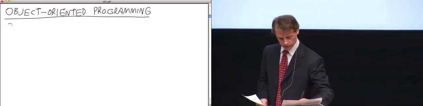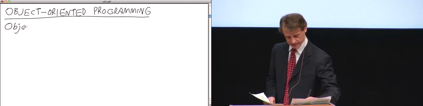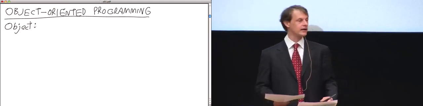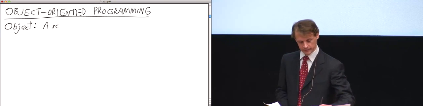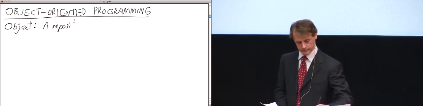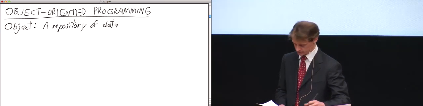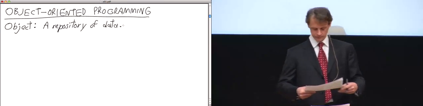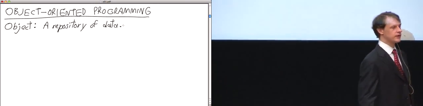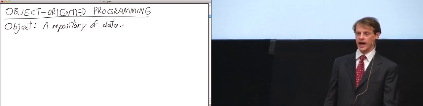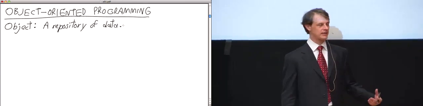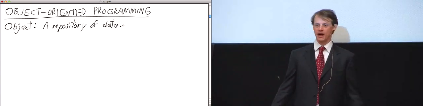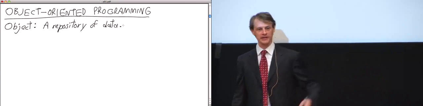So let's start with the word object, which we hear a lot. An object is just a repository of data. So for instance, I might have a repository of data named MyList, and MyList might be a shopping list object whose purpose obviously is to record your shopping list.